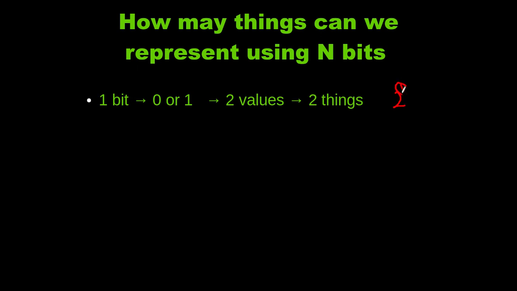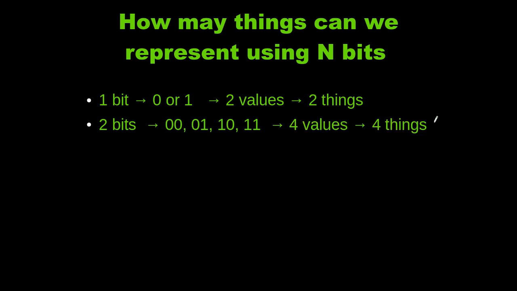That's 1 bit. Now in 2 bits, how many things can I represent? With 2 bits, one value can be 0 0, I can have 0 1, I can have 1 0, I can have 1 1. Those are the only possible values using 2 bits. So I have 4 values, so I can represent 4 things. So think of it as 2 to the power 2.